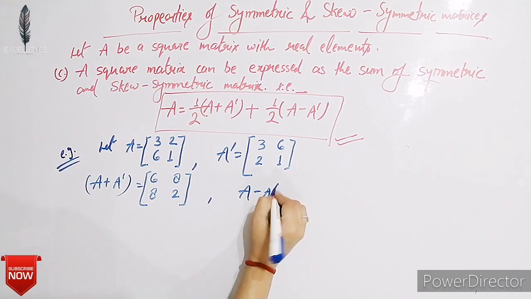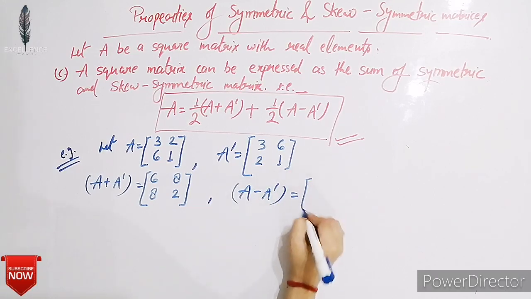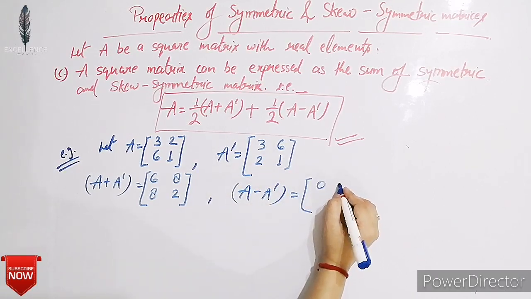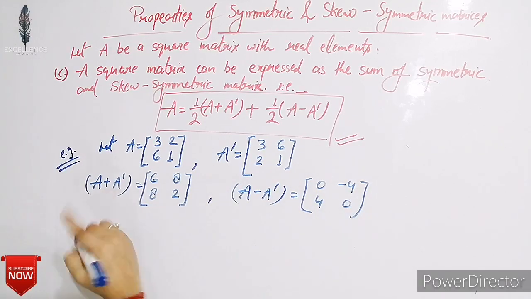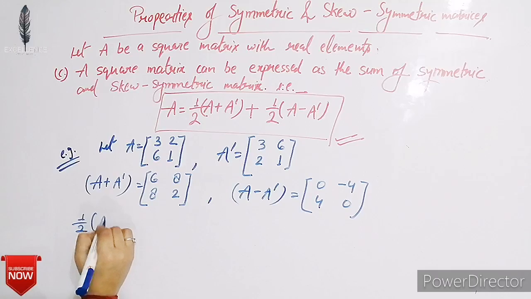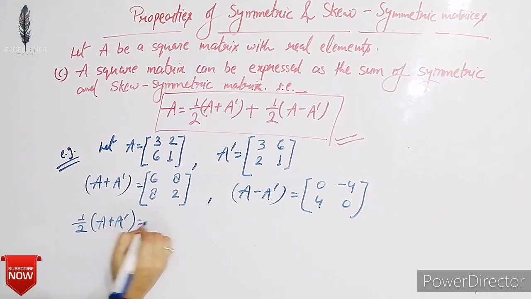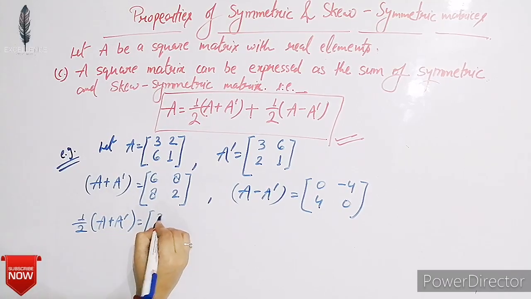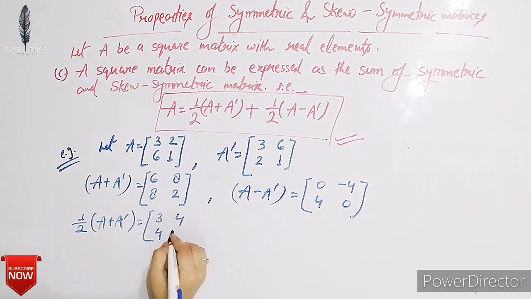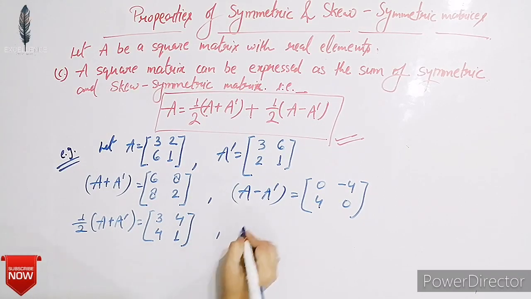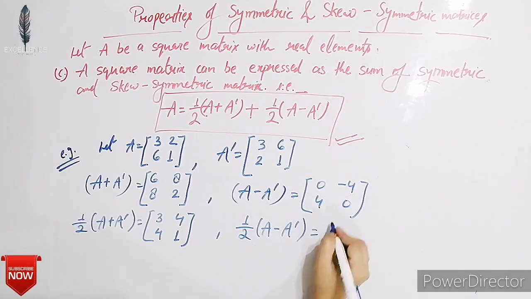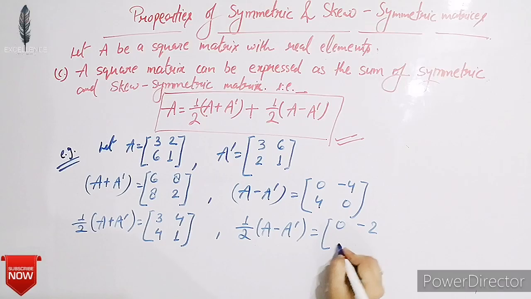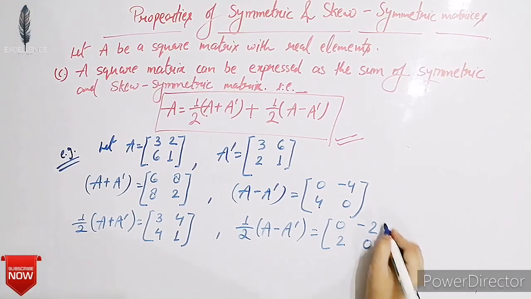And A minus A dash, subtracting the corresponding elements, 3 minus 3, 0, 2 minus 6, minus 4, 6 minus 2, 4, and 1 minus 1, 0. Now half of A plus A dash, each element is divided by 2, that is 3, 4, 4, 1. Similarly, half of A minus A dash is 0, minus 2, 2, 0.